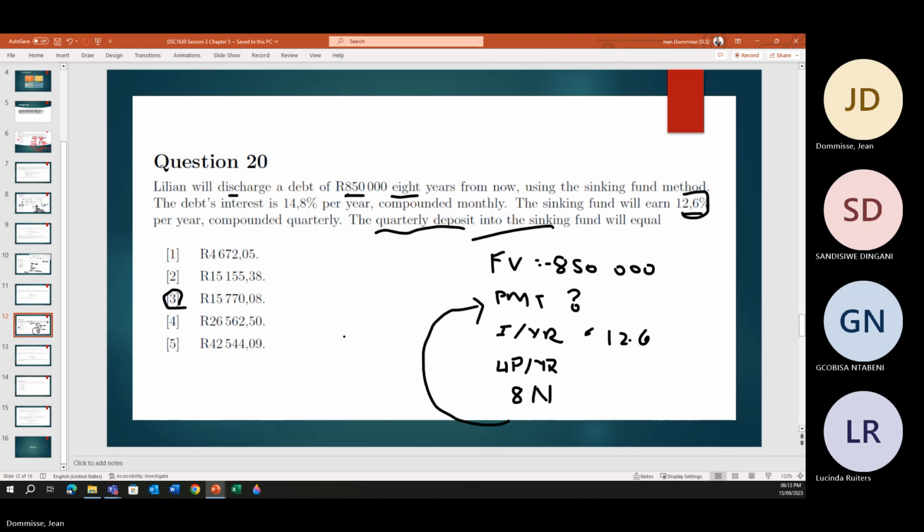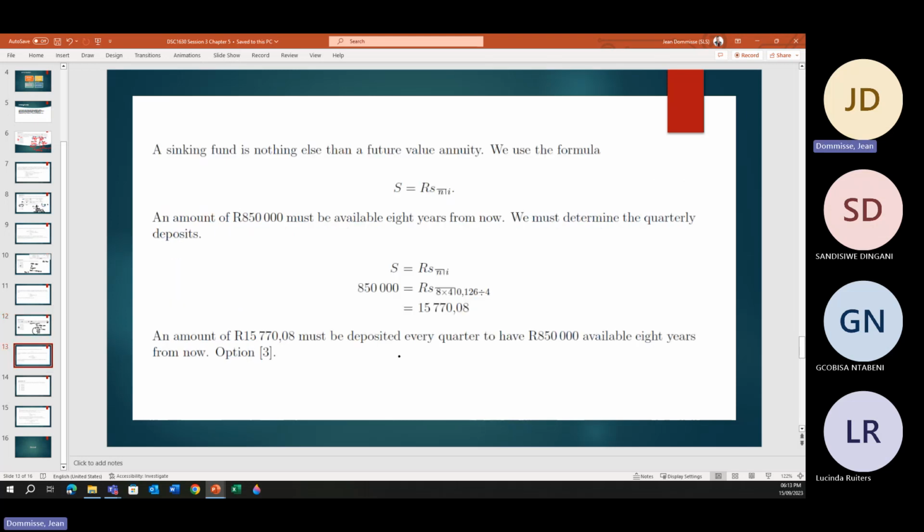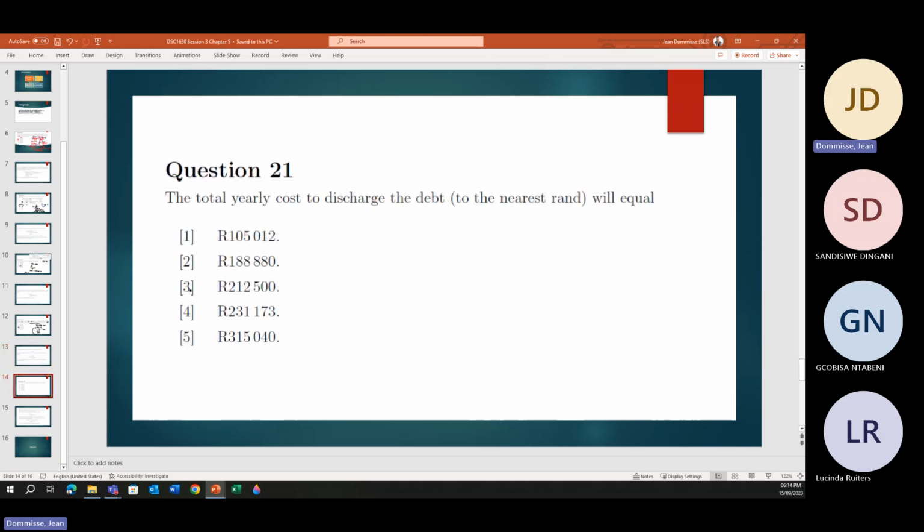But that seldom happens with a sinking fund component. Normally, you need to work out the payments per period, or you need to work out the future value. Okay. And again, what I've done is also just included the method of how you would have solved it in any case. Okay, the last example nearly on this chapter.